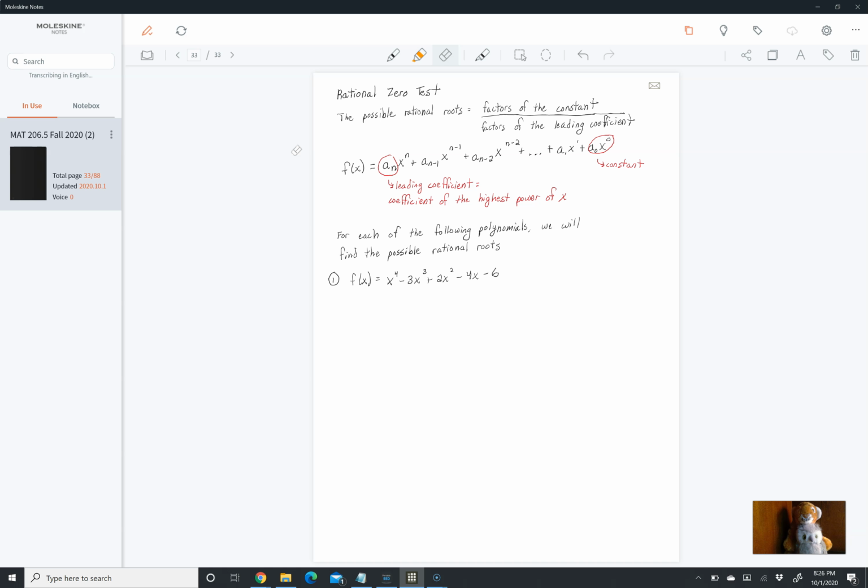A degree of 100 doesn't make this problem any more complicated. It's really basic. What we need is to figure out the constant and the leading coefficient. The constant is this last number here. The 6 is the constant. That's what we care about. And you don't have to worry about the negative or the positive because that's already going to get taken care of.